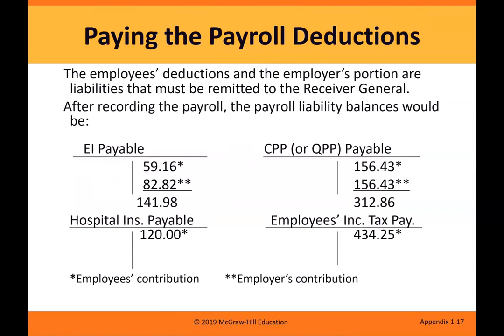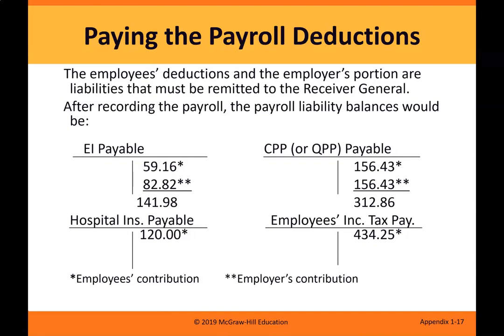Paying the payroll deductions. The employee's deductions and the employer's portion are liabilities that must be remitted to the Receiver General. After recording the payroll, the liability balances would be: EI payable credit 59.16 and credit 82.82 for a total of 141.98 credit.